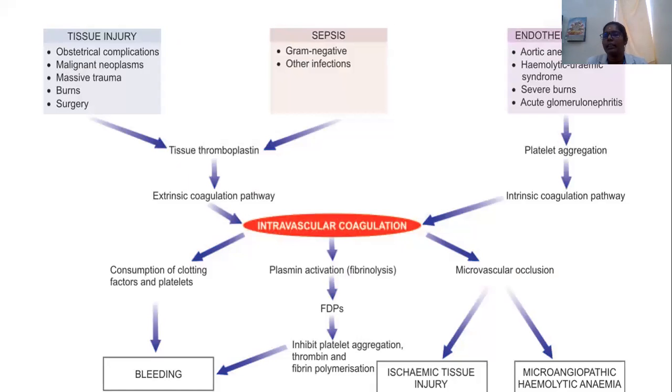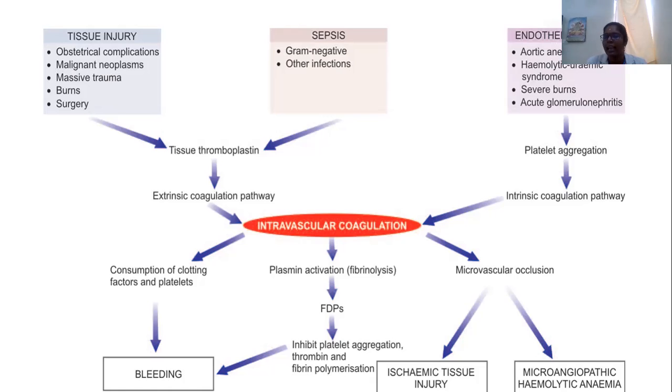And this is the recap of whatever I've told. As I said previously, various etiological factors are responsible for DIC. Examples are obstetric causes, malignant neoplasms, trauma, and burns. All these cause release of tissue thromboplastin, which will activate the extrinsic pathway.